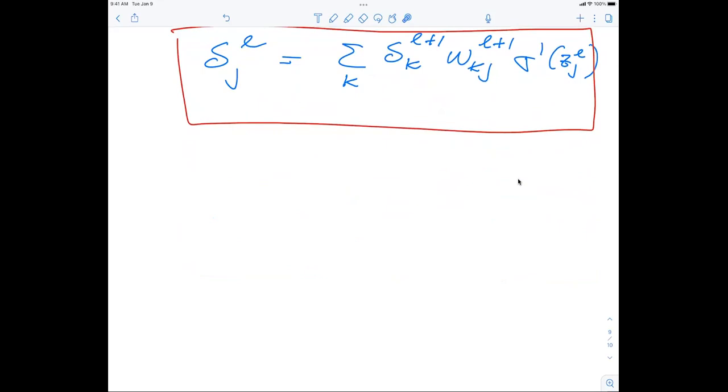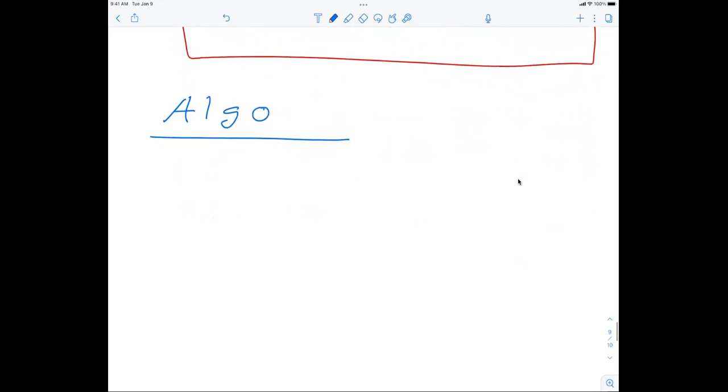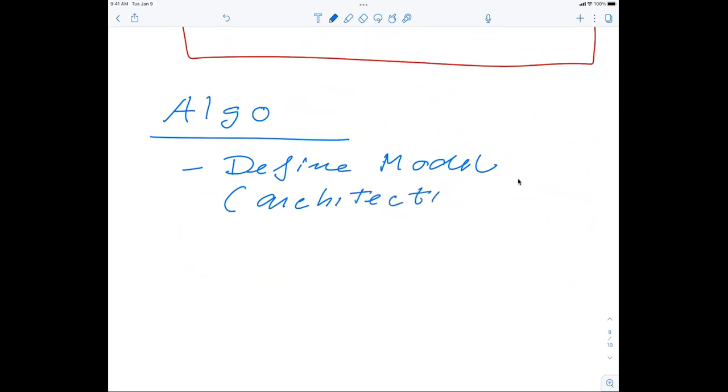So what we need now when we are going to set up the algorithm are the following ingredients. One, you need to define a model, which in our case translates into the architecture. So that means the following.